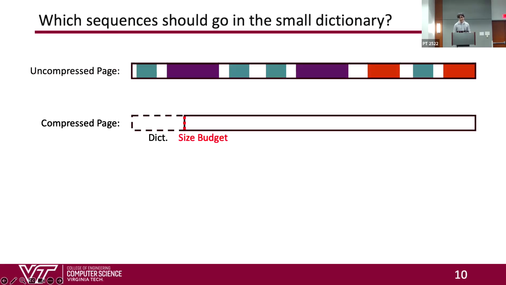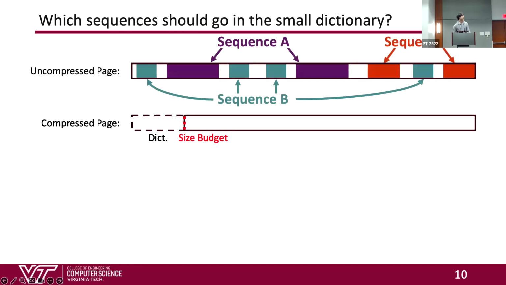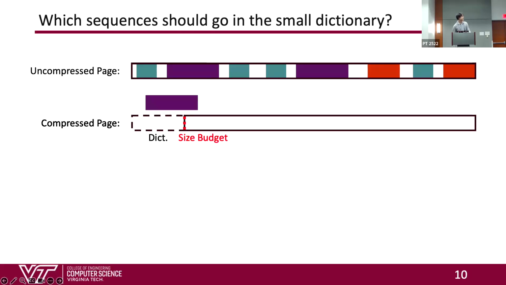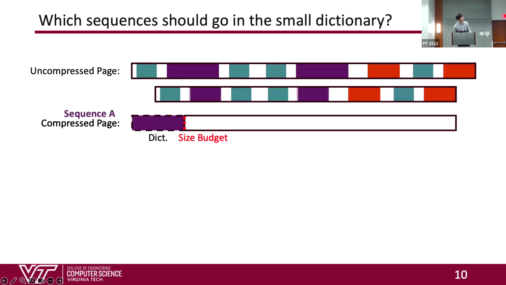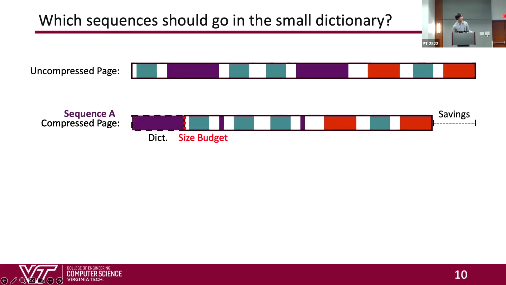So the next natural question is which sequences should go in this small dictionary? And I have this abstract example that builds some intuition for how we should go about selecting sequences for this dictionary. If we choose sequence A, you can see that we achieve some savings in the size of the page, where the purple sequences have become these small sequence identifiers.